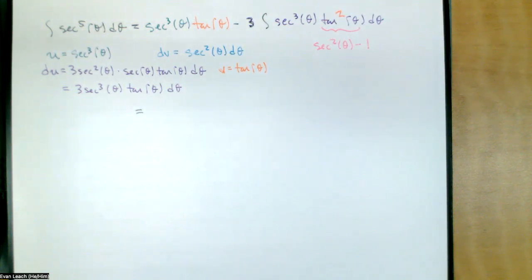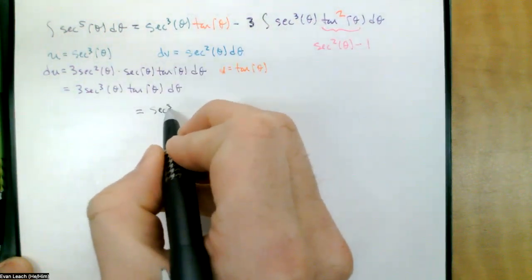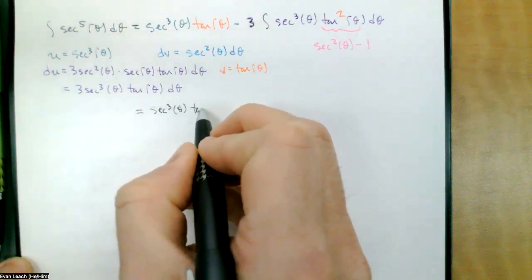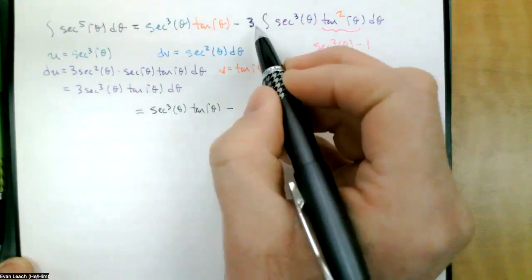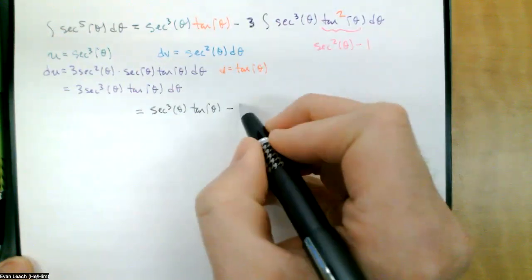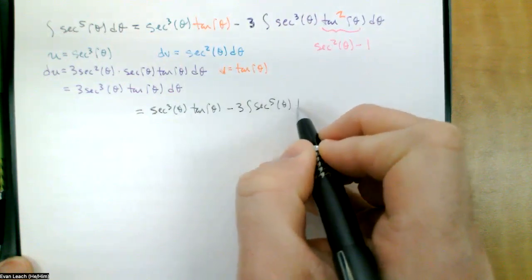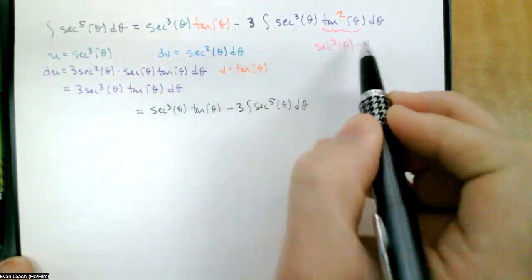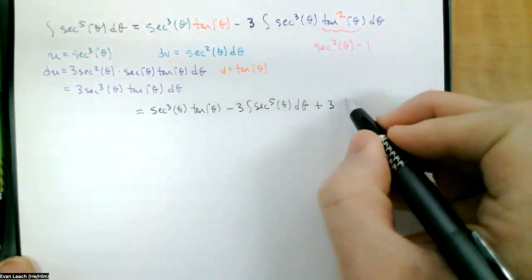The other one is going to be secant cubed. So I've still got the secant cubed theta tangent theta. I'm going to have minus 3 secant to the 5th. Then minus and minus will become plus, and there's still the 3 secant cubed theta.